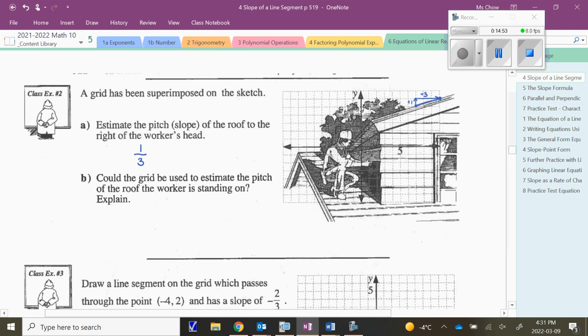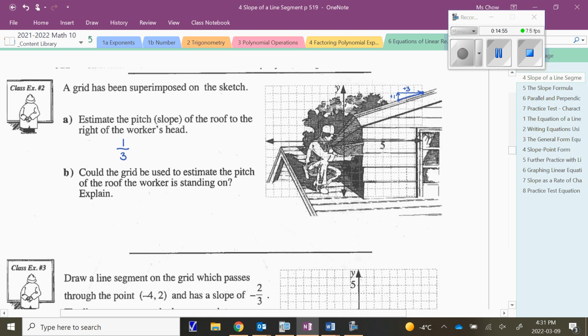Okay. So could the grid be used to estimate the pitch of the roof the worker is standing on? We're talking about this one right here. So take a moment and have a look, and then we'll talk about it. Okay, so what do you think about that? Is it possible to find a couple of points?